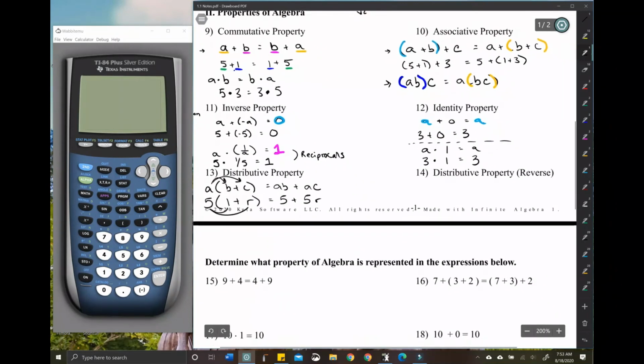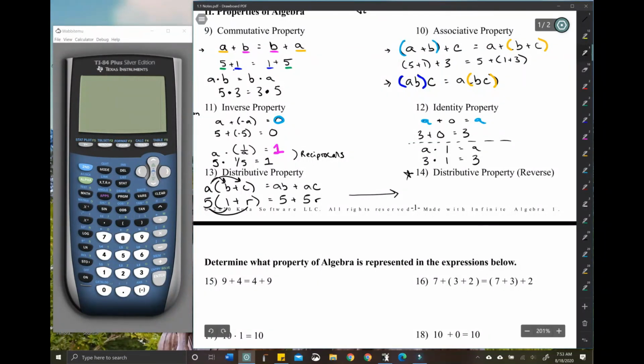Okay? Also, this isn't a formal property, but it's important to notice the distributive property in reverse. Okay? So say we start out with 12 plus, let's say, 3R.